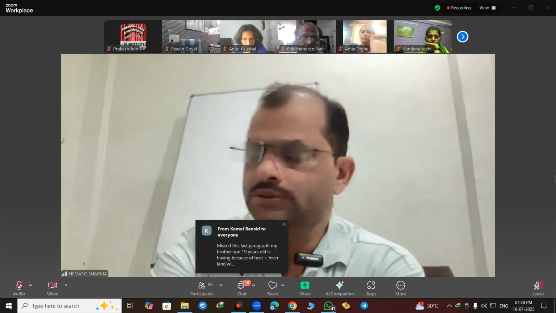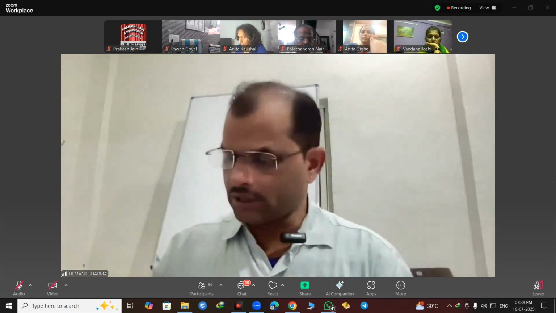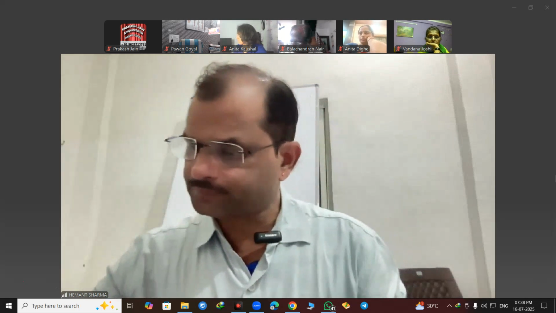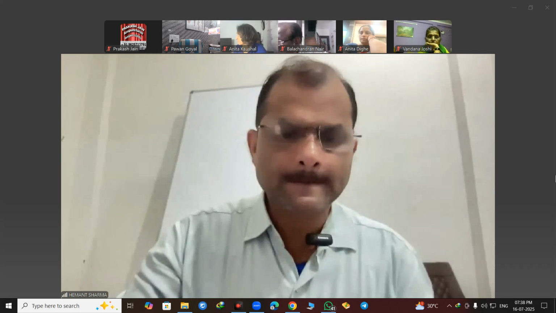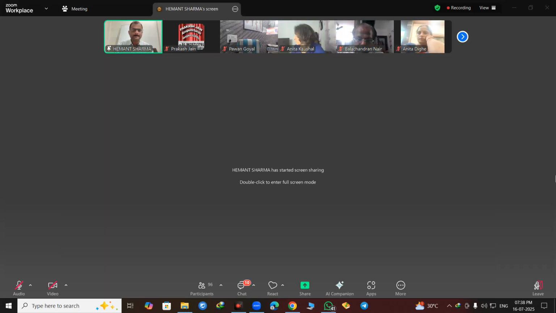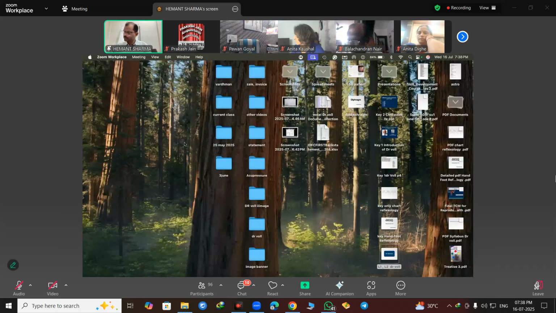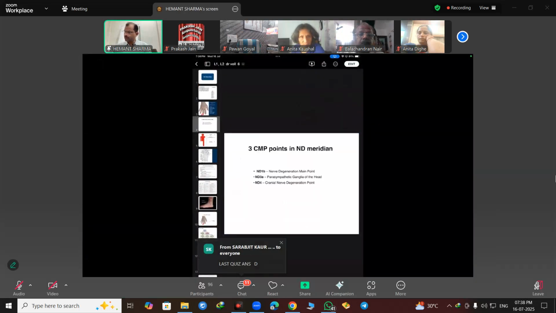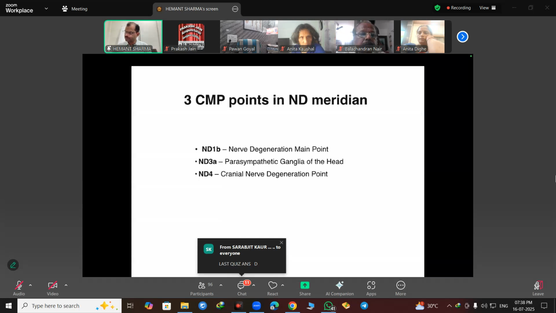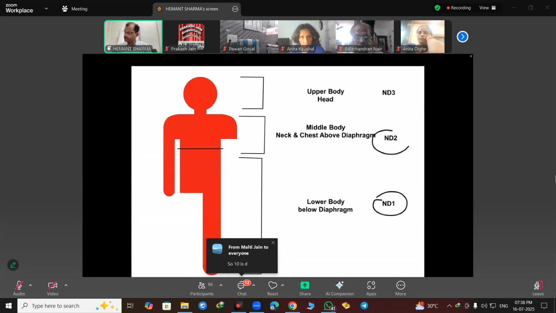Got it? तो चलिए ये हमने बात की. Now let's move ahead. So look here, we have already understood ND1 is for the lower body, 2 for the middle body meaning cervical and thoracic area, and 3 for the upper body.